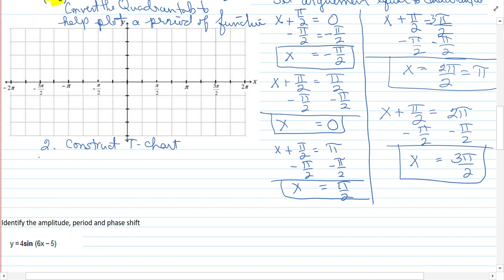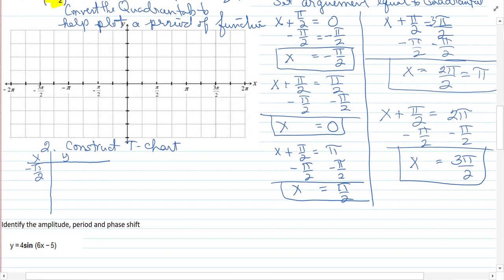Okay, so in my t-chart, x is negative pi halves. So our y is going to be sine of negative pi halves plus pi halves.